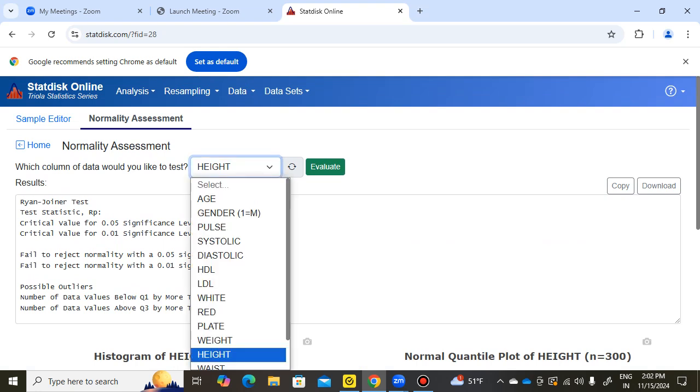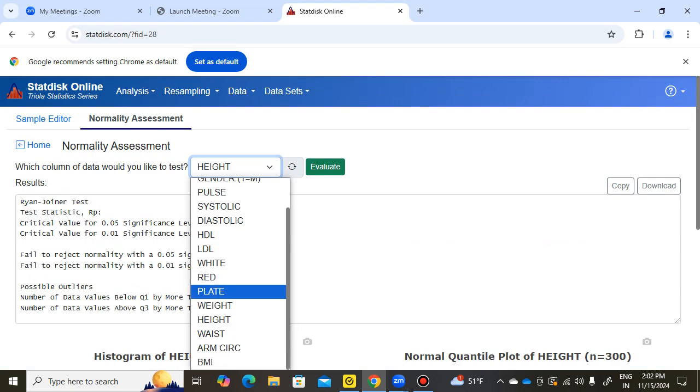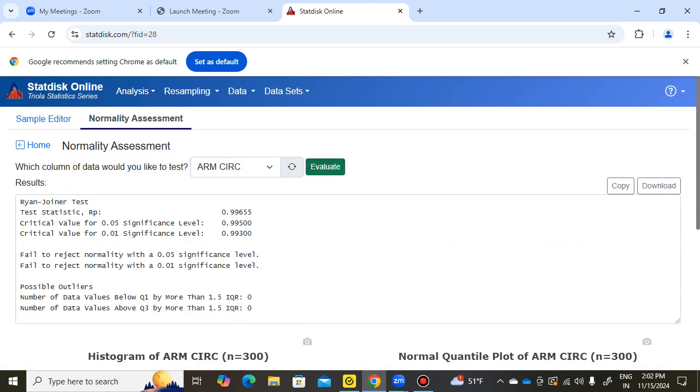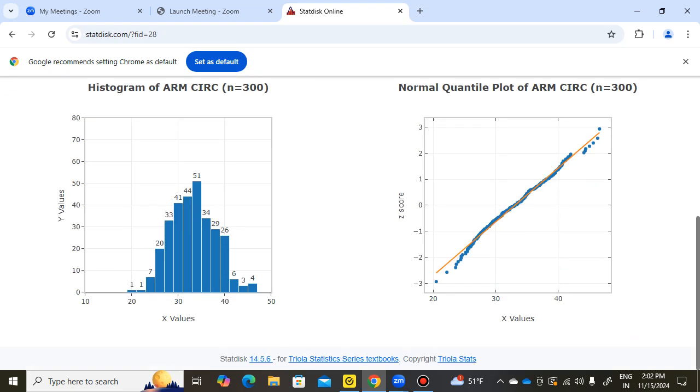Right, so let's look at the arm circumference. Okay, the histogram is a decent bell curve. The normal quartile plot is not as good as the height, but it's pretty close. So it's close to a straight line.